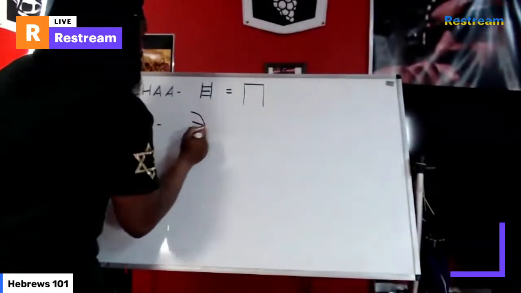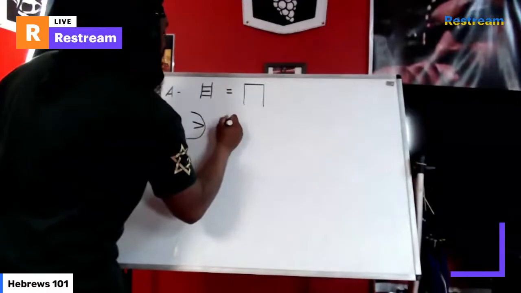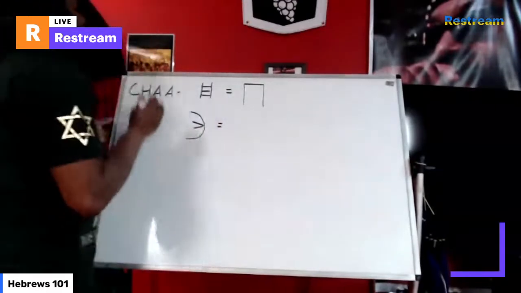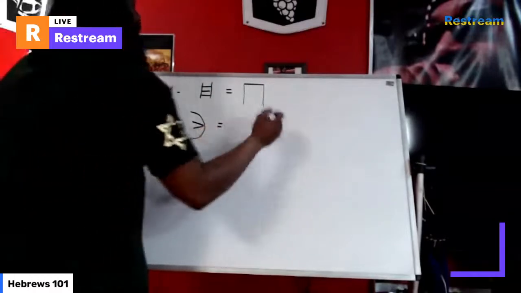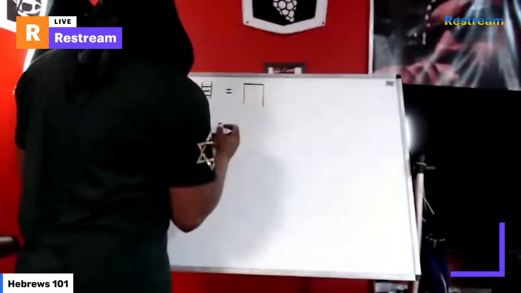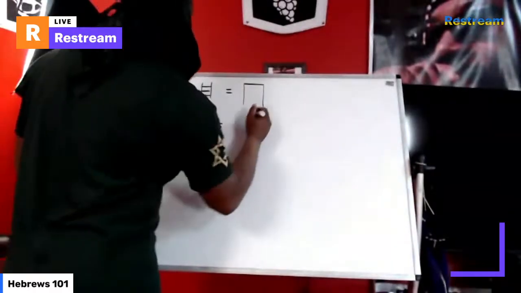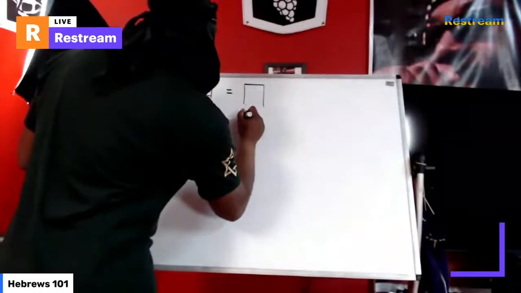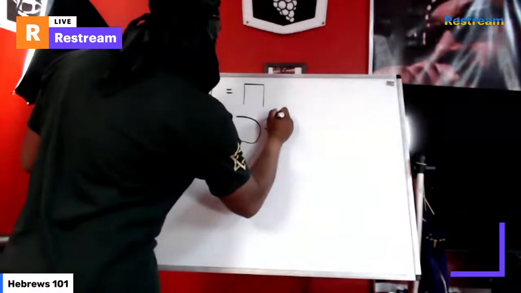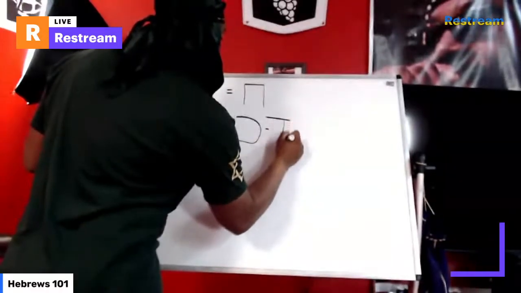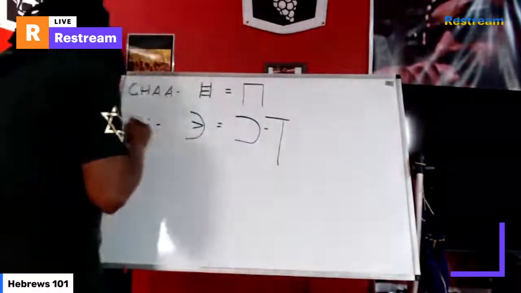Half circle or Pac-Man. And also, Ka here in Assyrian looks like that and that.